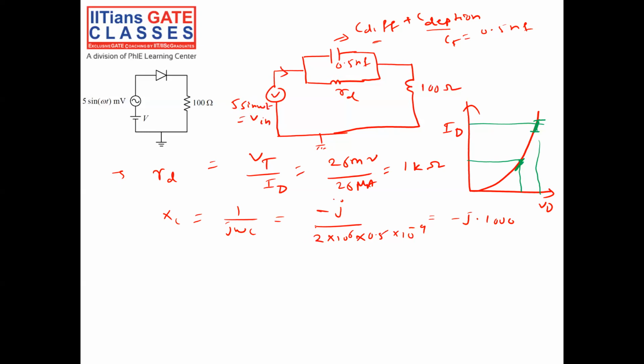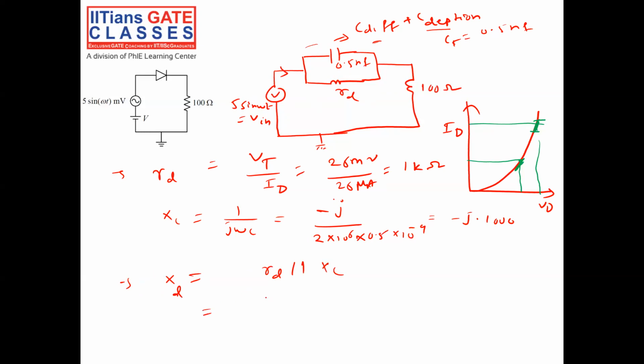Now I have to know the impedance of this path. The impedance of this path, X, is nothing but the impedance of the diode, which is RD parallel to XC.